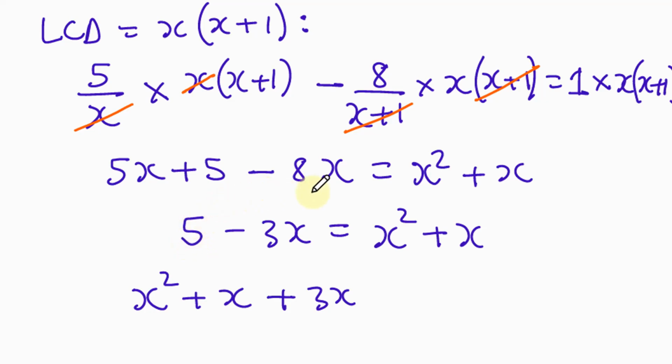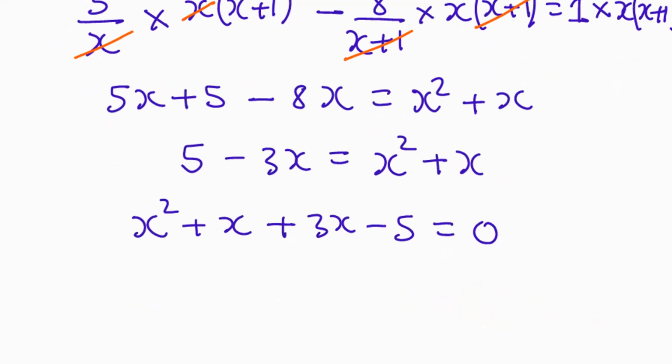And when we take the 5 across, it becomes negative 5. And this equals 0. Now we can add like terms. So x plus 3x is 4x. And we end up with a quadratic equation, or a trinomial.